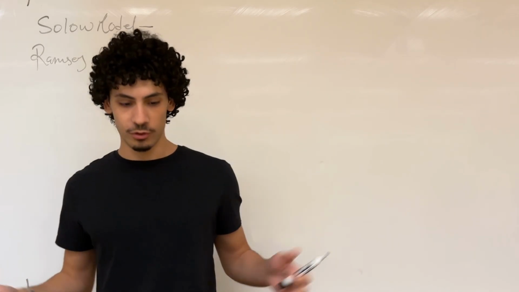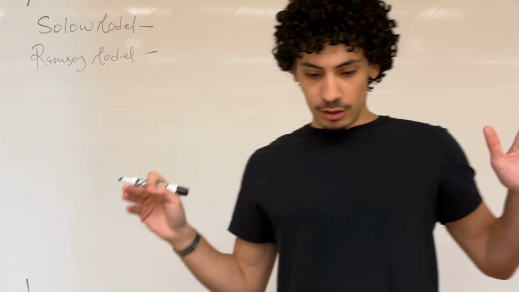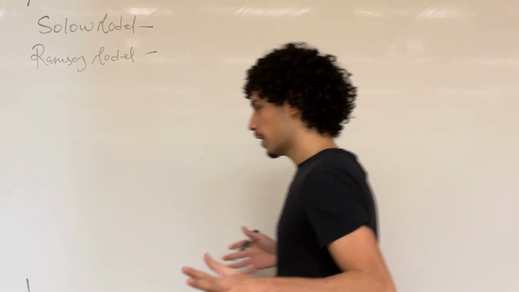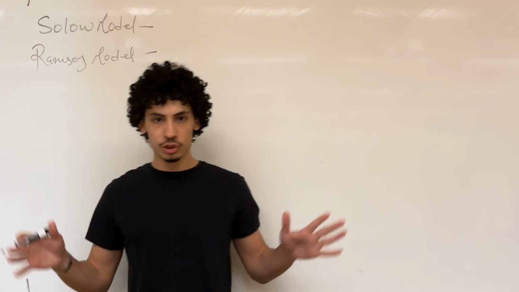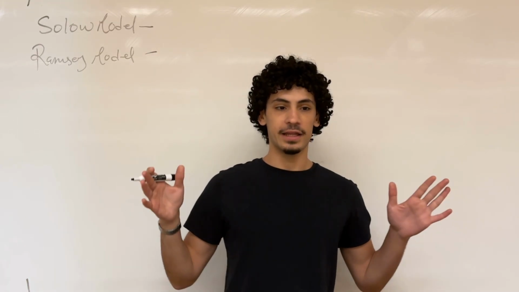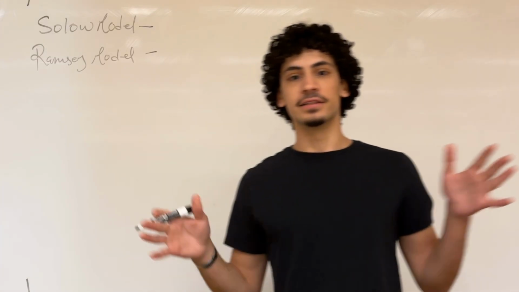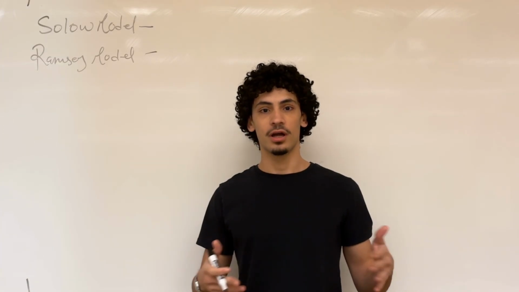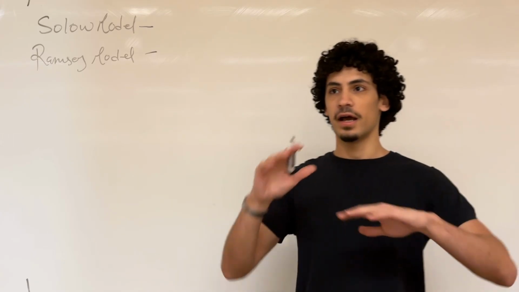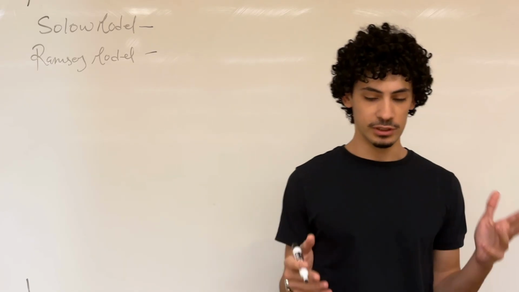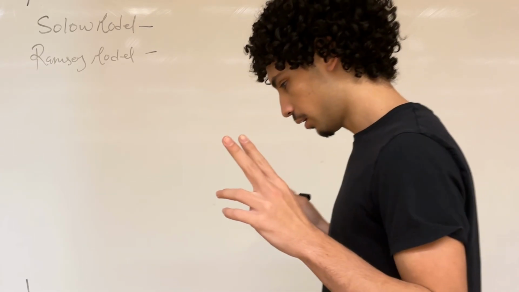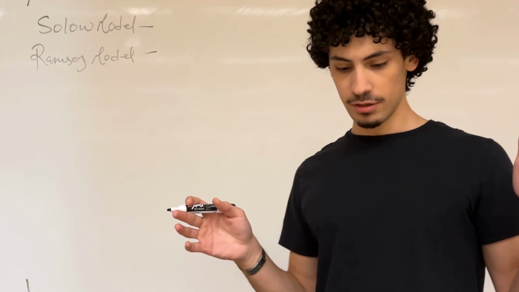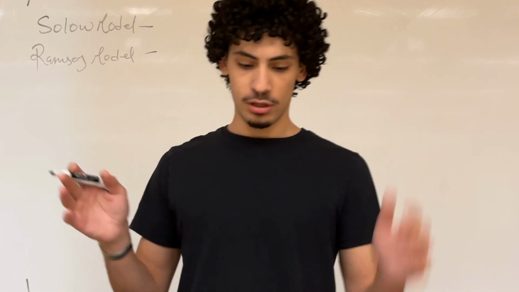So what is the Solow model? This model is all about rich and poor countries, their growth rate, the theory behind how and why they grow, and the competition between them.